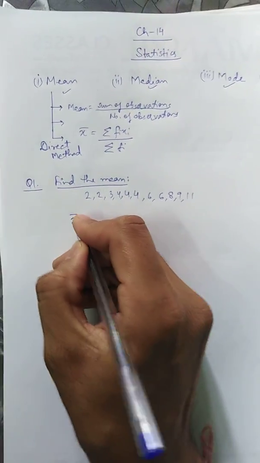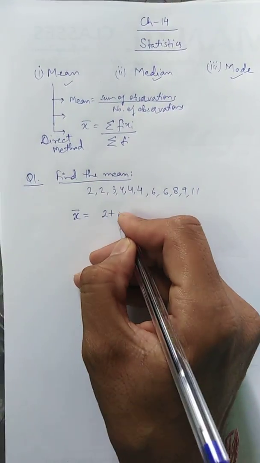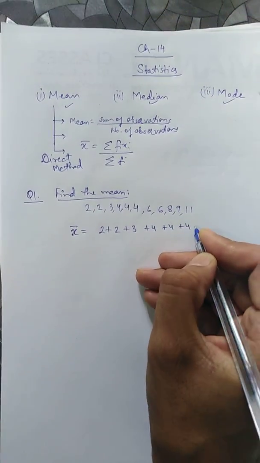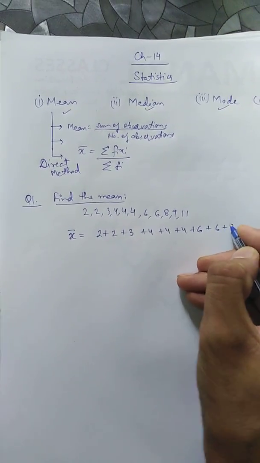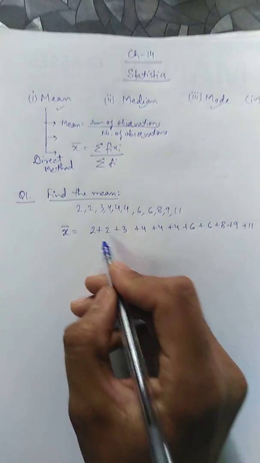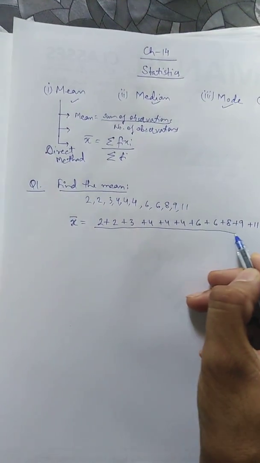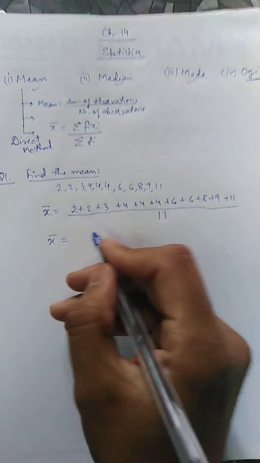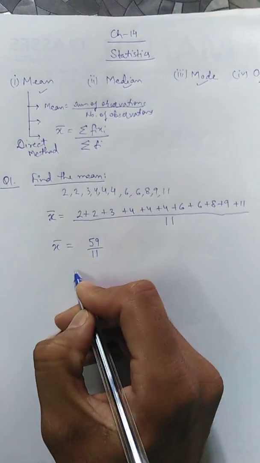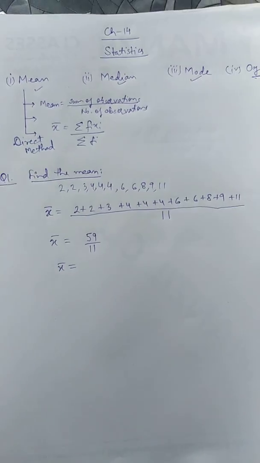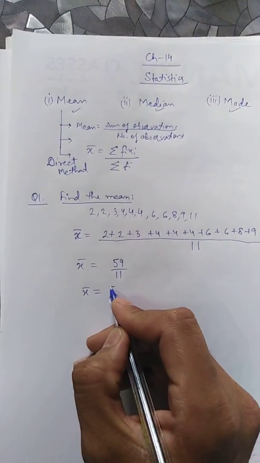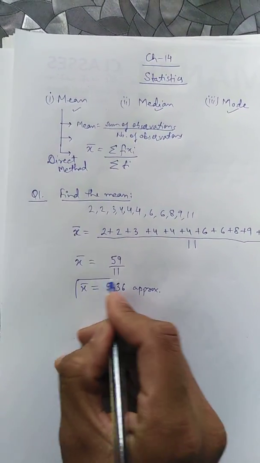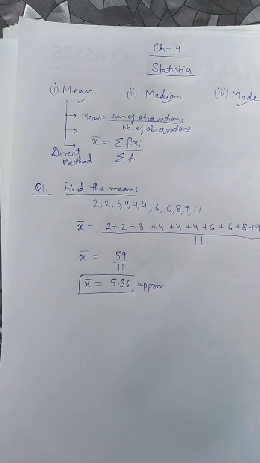So we can find the mean using the sum of all observations, that is 2 plus 2 plus 3 plus 4 plus 4 plus 4 plus 6 plus 6 plus 8 plus 9 plus 11, whole upon, since the number of observations is 11, so 11. The mean comes out to be 59 upon 11, that is 5.36 approximately. So this is how we used to find the mean.